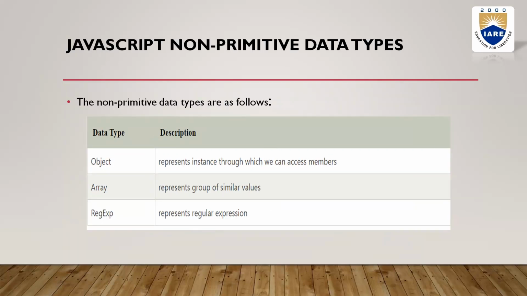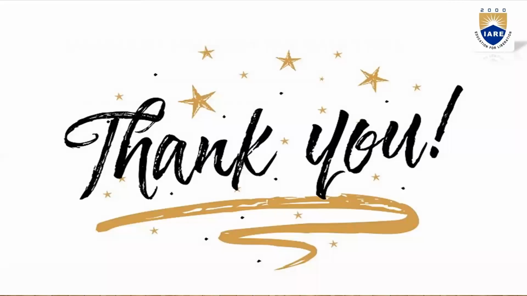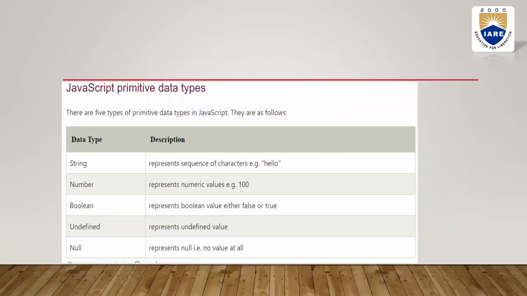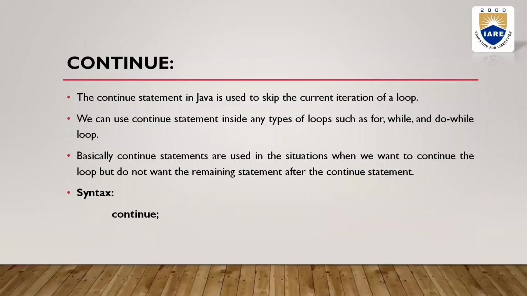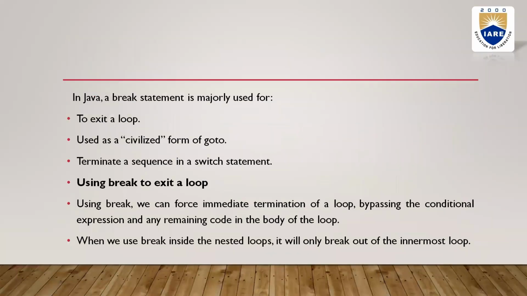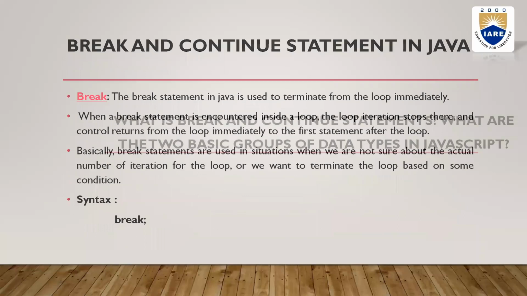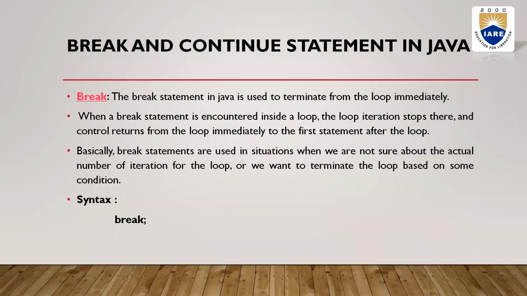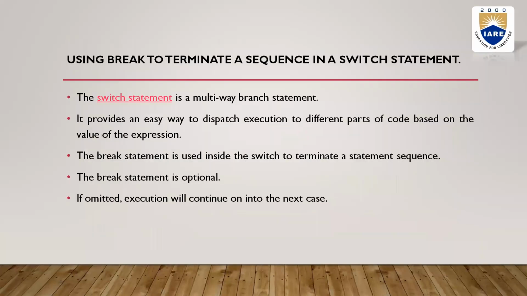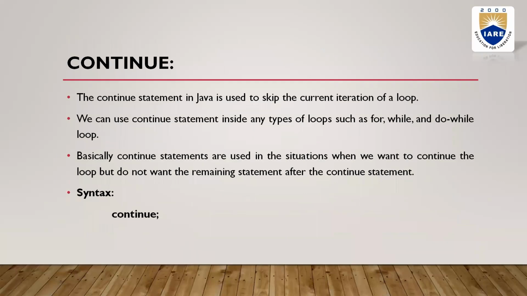So this is my topic. Once more, we will see what we discussed, just revising one time. The break statement in Java is used to terminate the loop immediately, and continue is used to skip the current iteration of the loop.